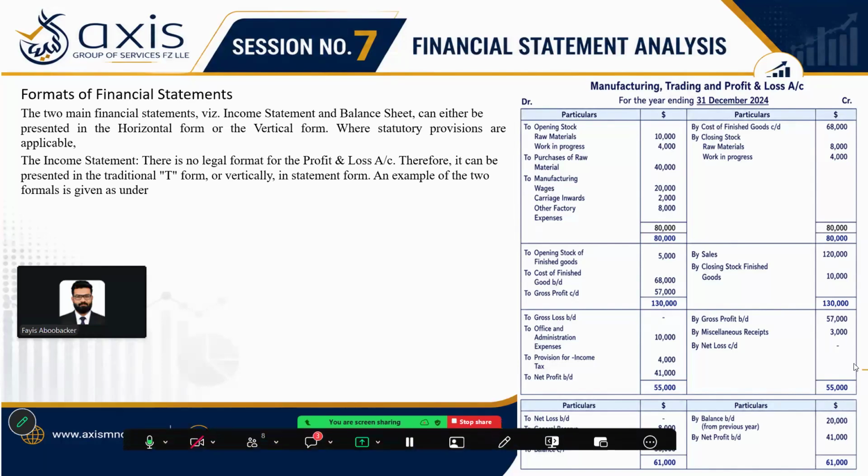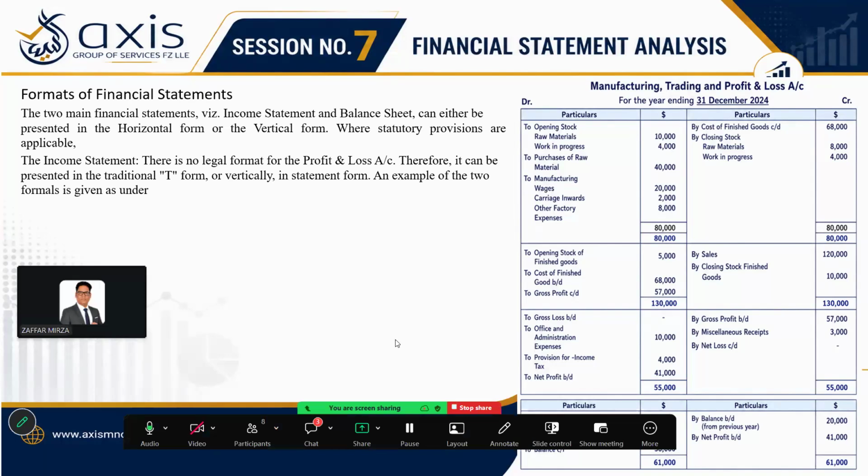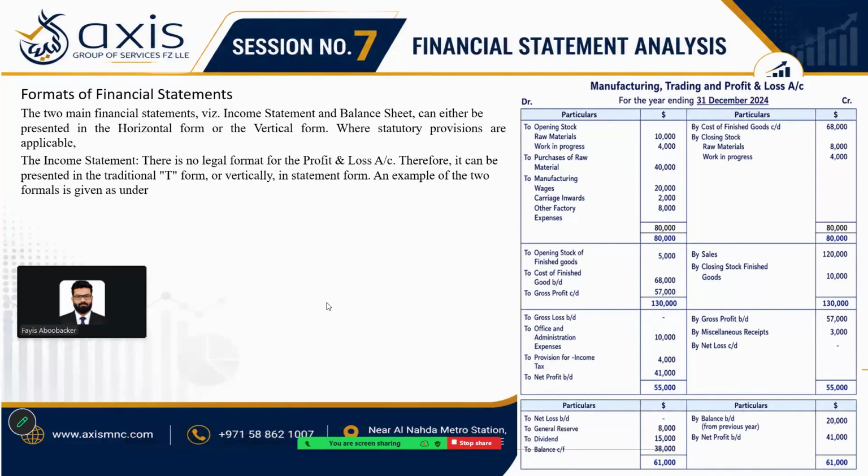After this, next is the profit and loss account. You know this. The difference is the opening stock of finished goods, 5,000, and the very important cost of finished goods. The opening stock of finished goods you will get from the storekeeper. The storekeeper manages both inventories, the raw material as well as the finished product, and knows how many stocks they have.